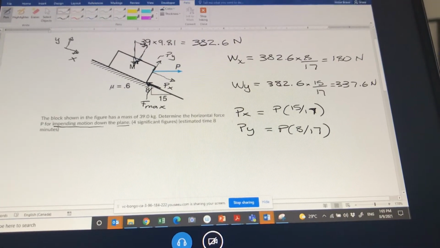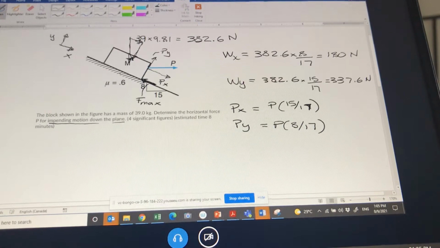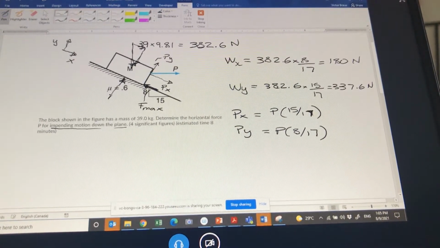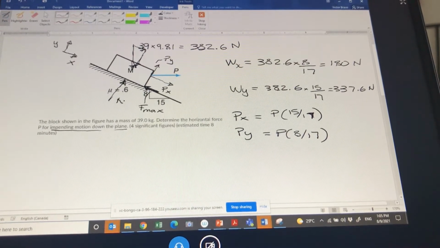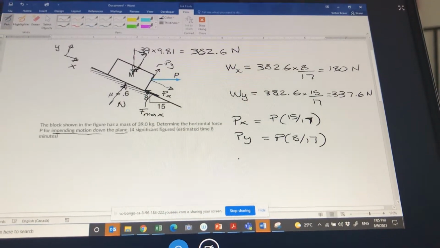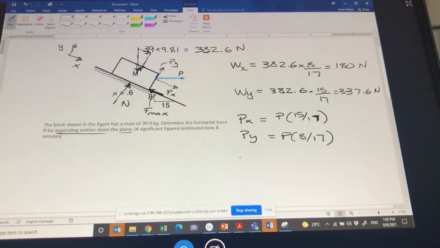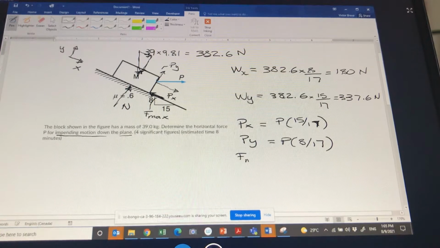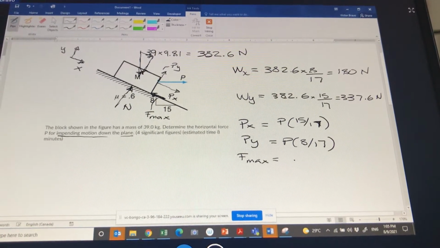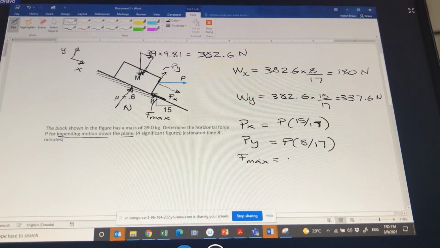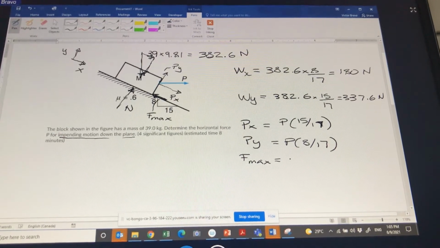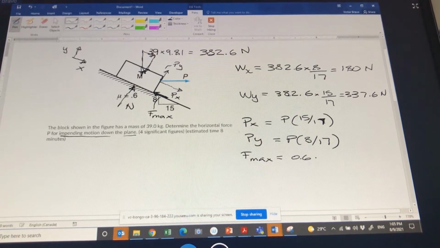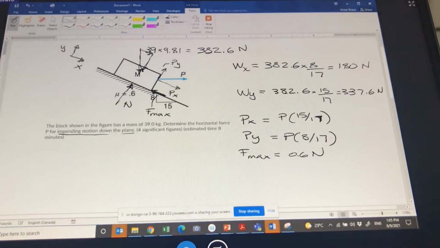And then you have, of course, the normal force, which is going to be applied in this direction. That's the normal force. Okay. Another thing you know is that F max is equal to mu times the normal force. So that's going to be basically mu times the normal force.